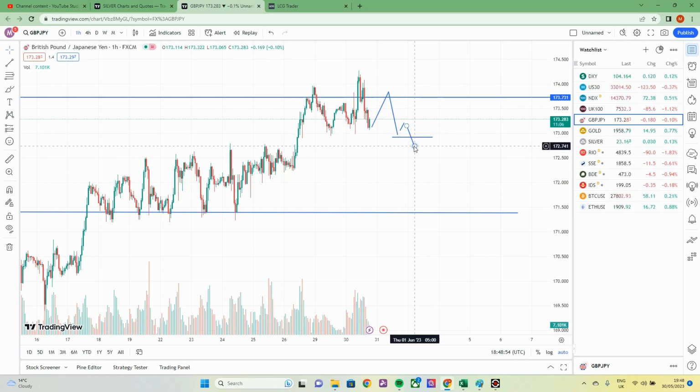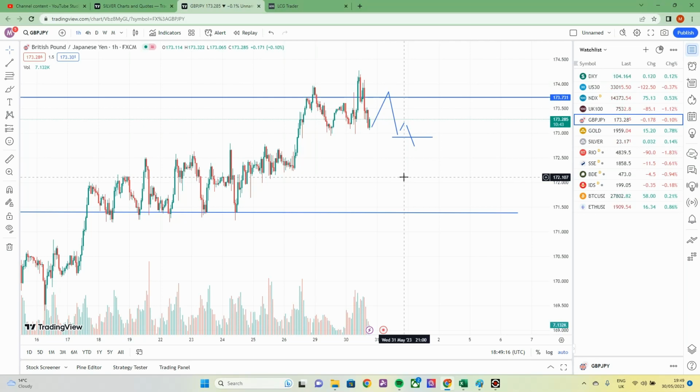Now short basically means to sell, and so a short position is when you're selling or predicting that it's going to go down, or you have a long position, which is where you are predicting that the price is going to go up.